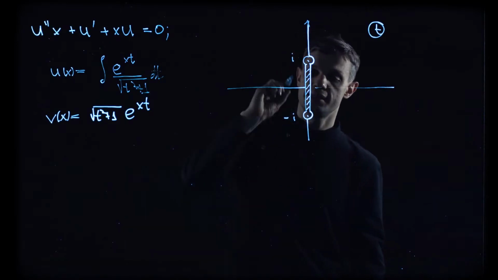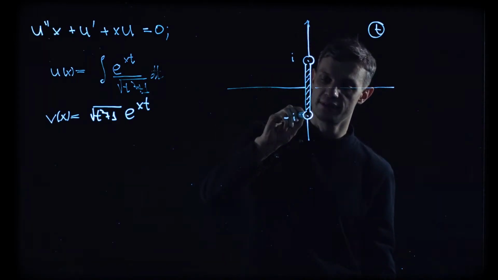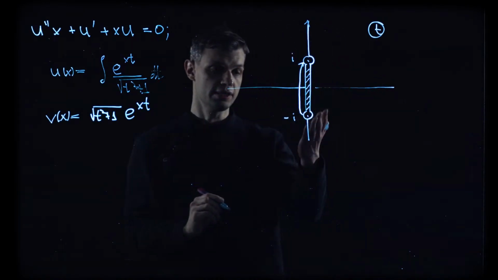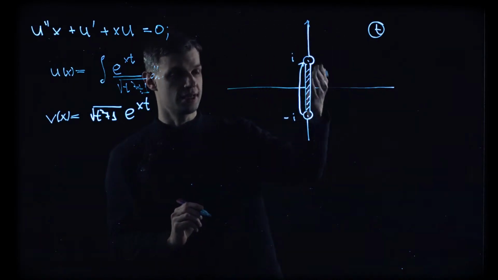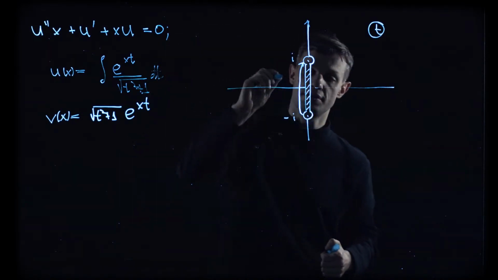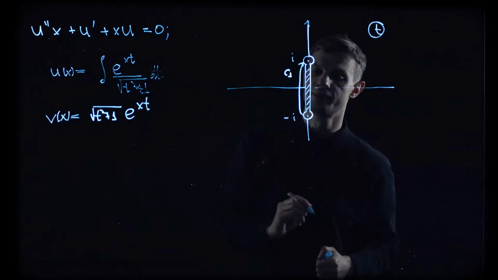Last time we discussed in great detail the solution. It happened to be a finite, bounded solution at x tending to plus infinity and at x tending to 0. So the solution was defined by the following contour.